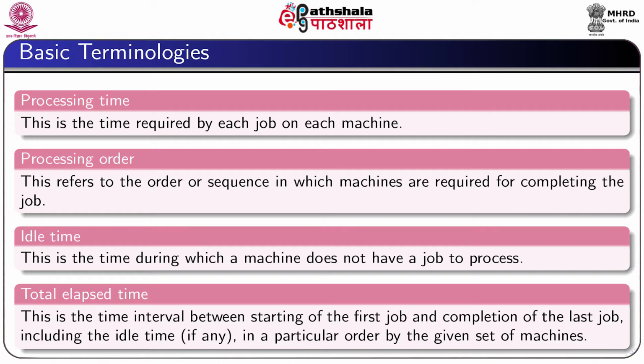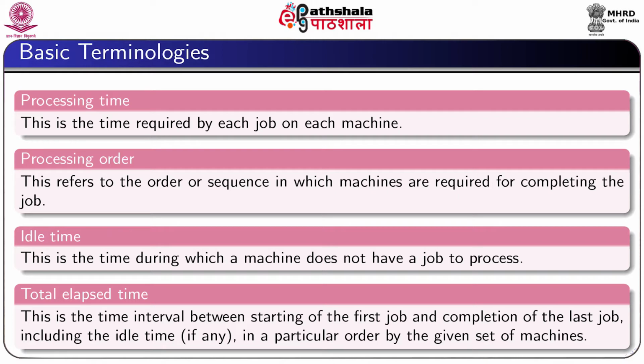Processing order. This refers to the order or sequence in which machines are required for completing the job. Idle time. This is the time during which a machine does not have a job to process.